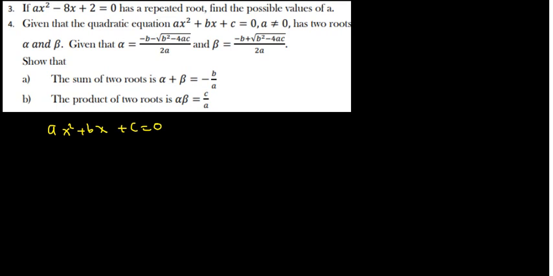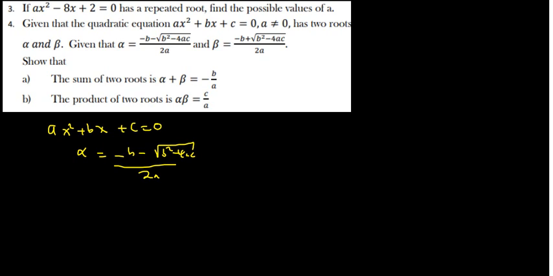So I'm going to say x is equal to alpha, which has been given as negative b minus square root of b squared minus 4ac divided by 2a.